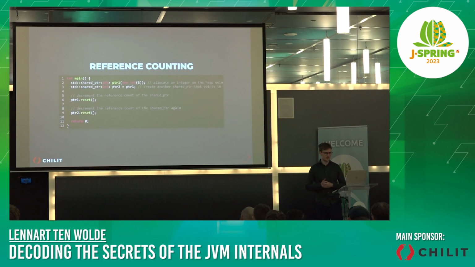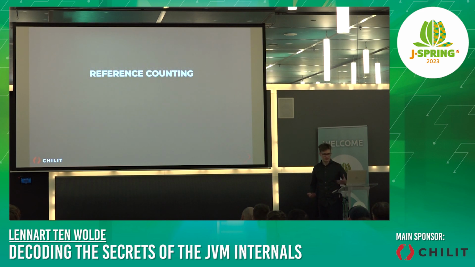A second strategy you often see is reference counting. Now, in reference counting, when you allocate data, you create a special type of pointer that also includes a count of how many times it's currently being referenced. And then when you're no longer using it in a specific place, you can reset the counter. And when the counter reaches 0, the data is deallocated because it's no longer used anywhere.